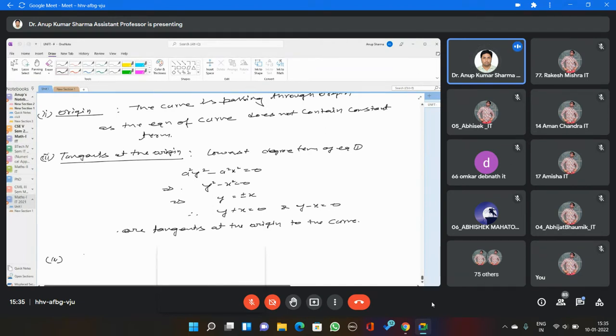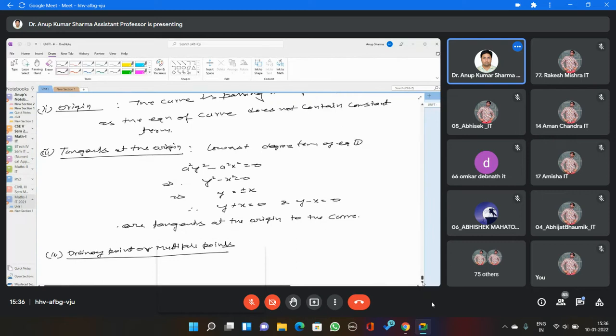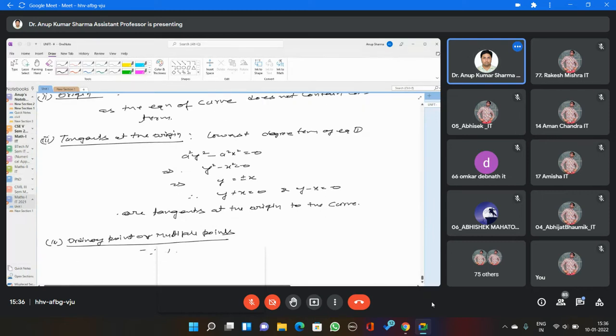Ordinary or what we say multiple points, since there are two tangents. These are two.